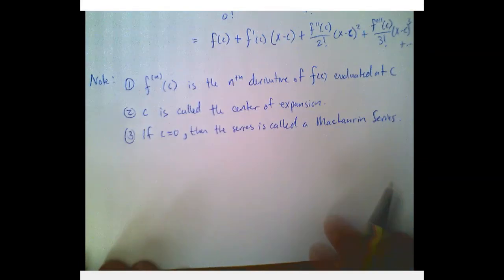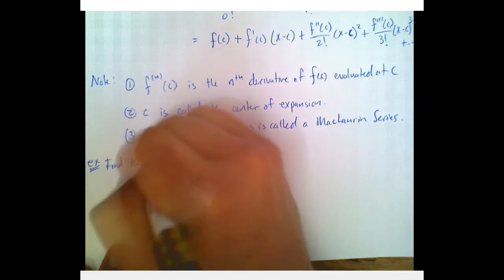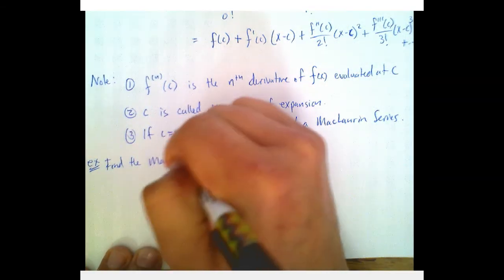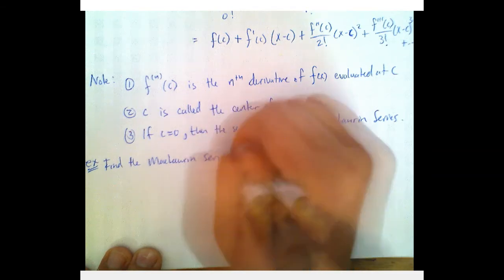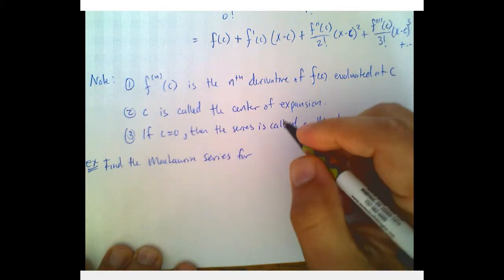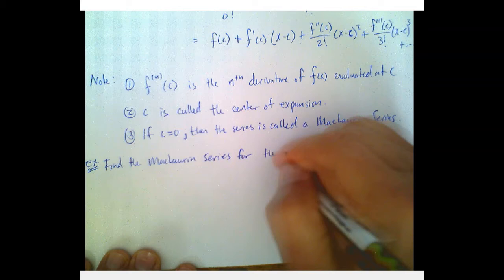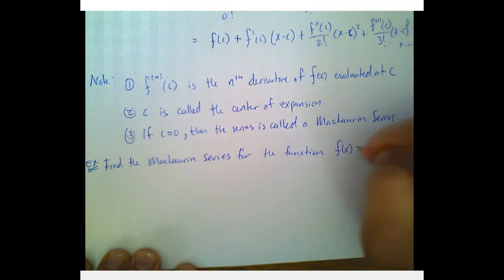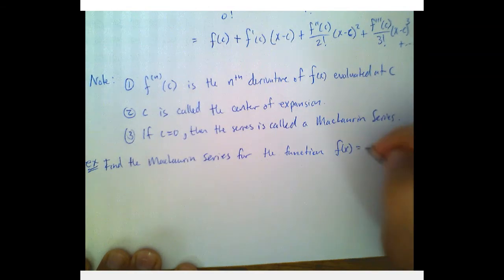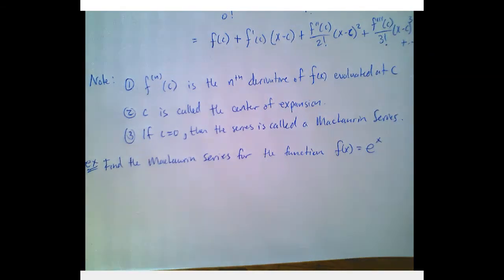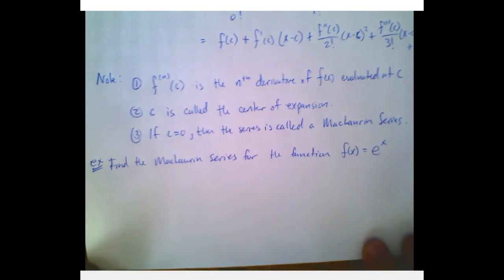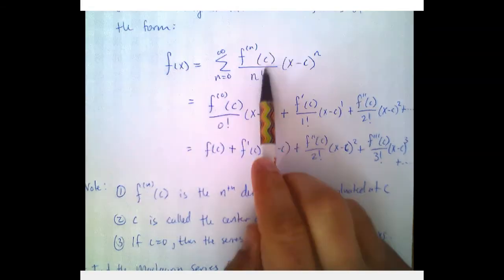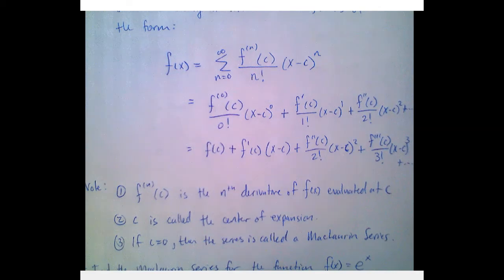So let's try an example. Find the Maclaurin series for the function f of x equals e to the x. So what we want to do is just follow this formula with c equal to 0 because it's a Maclaurin series.